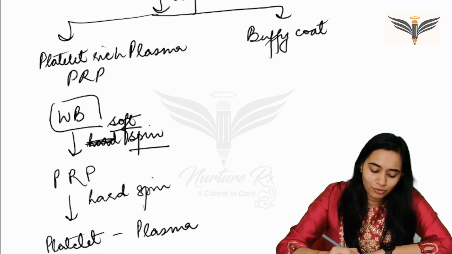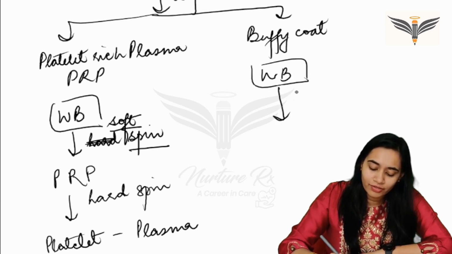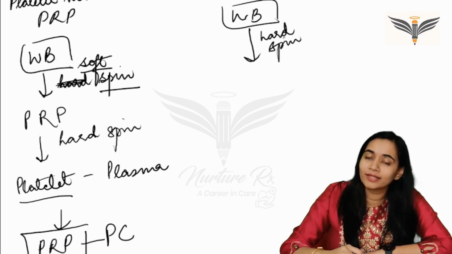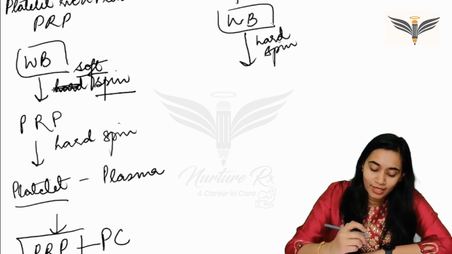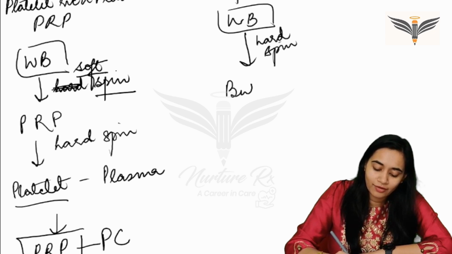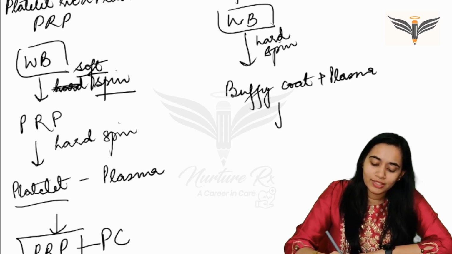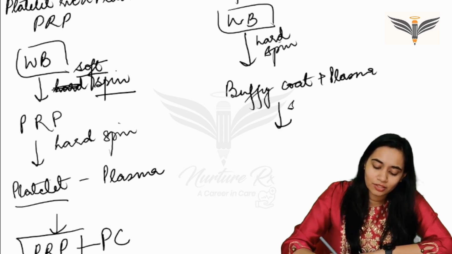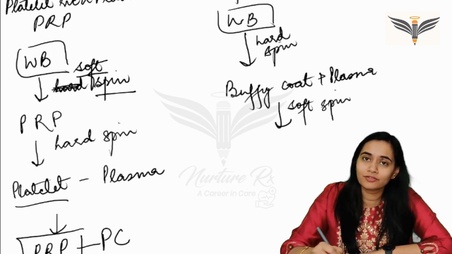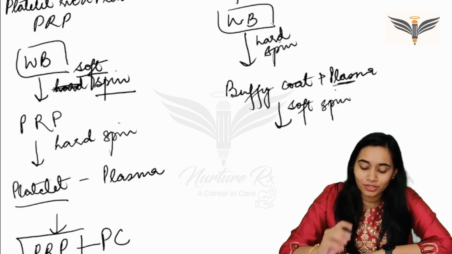Okay, now coming to Buffy coat. In Buffy coat, what do we do? The whole blood, we first subject to hard spin. So your platelets settle along with the Buffy coat. After hard spin, you have collected the Buffy coat along with some amount of plasma. Now this is again subjected to a soft spin. When you do soft spin, the platelets which were present here become suspended in this plasma.